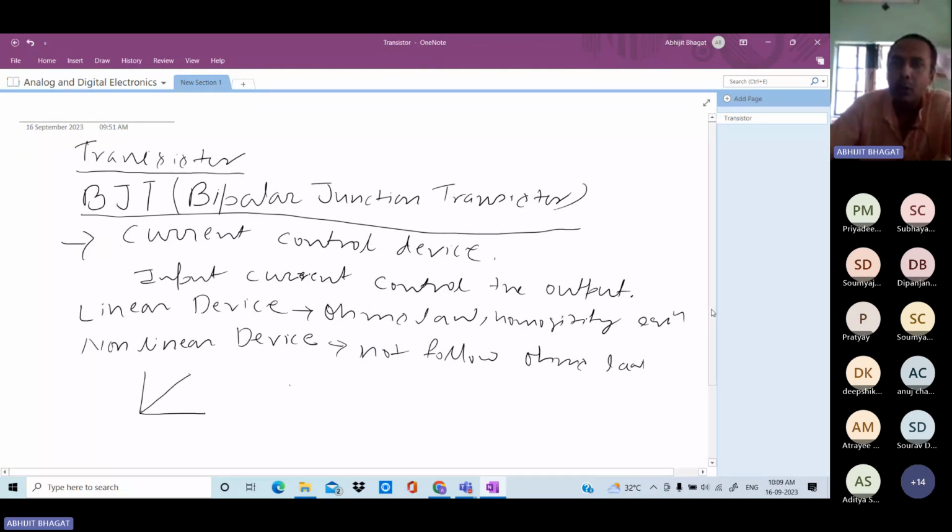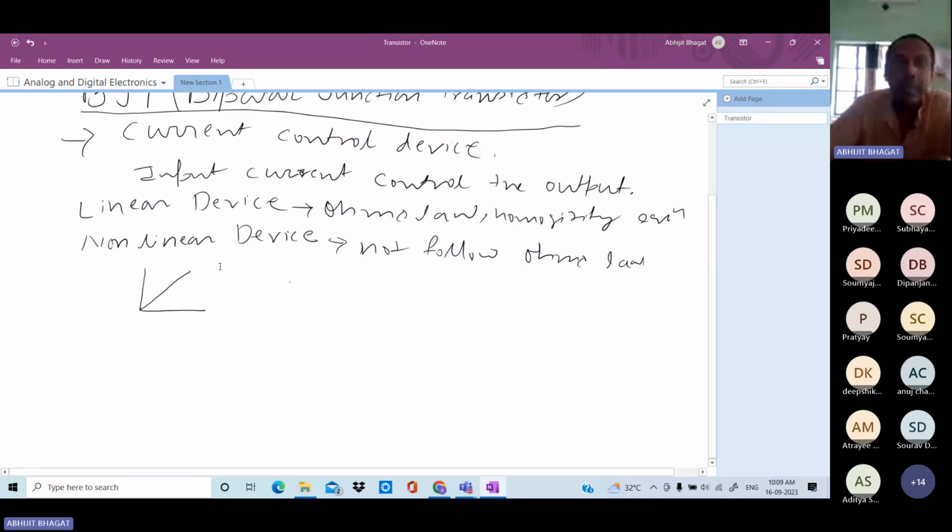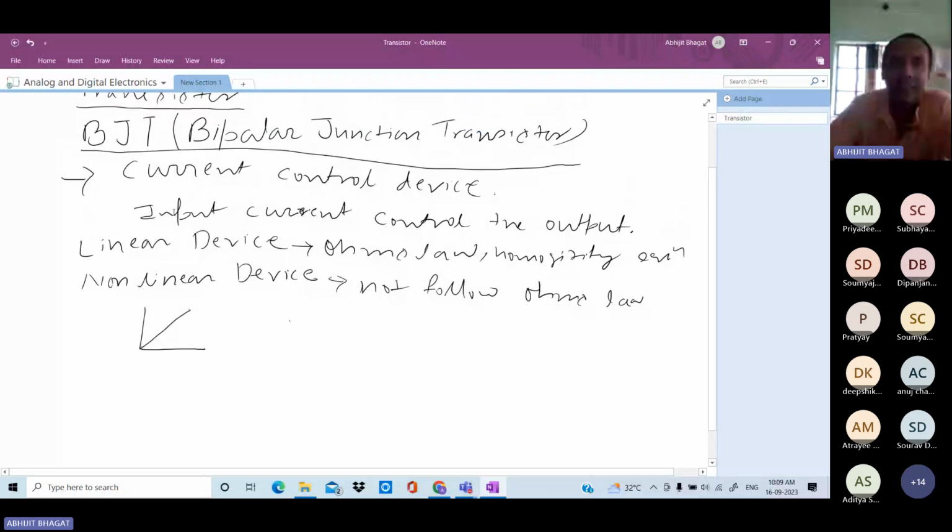Now, if it does not follow Ohm's law, it means your device characteristic is not linear. Now this transistor is a non-linear device. Transistor is a non-linear device.